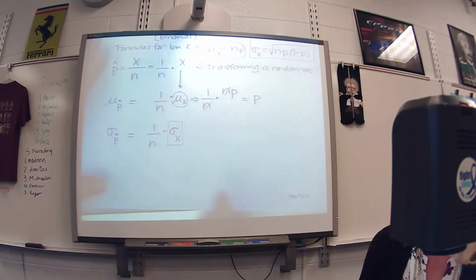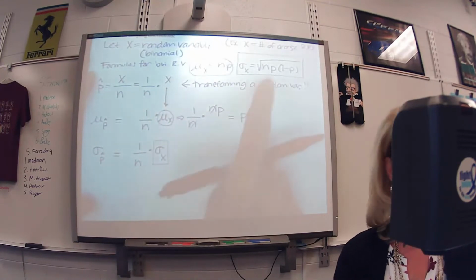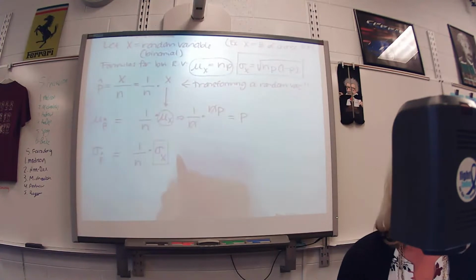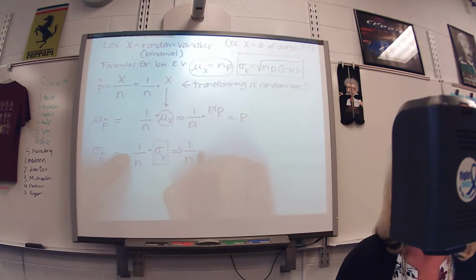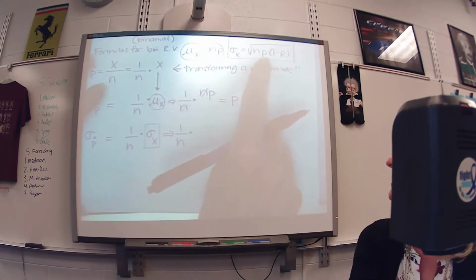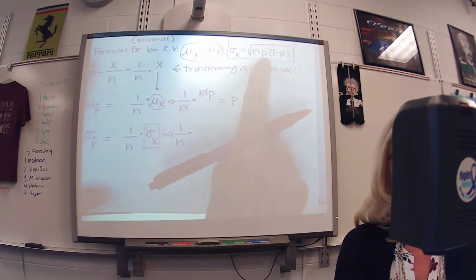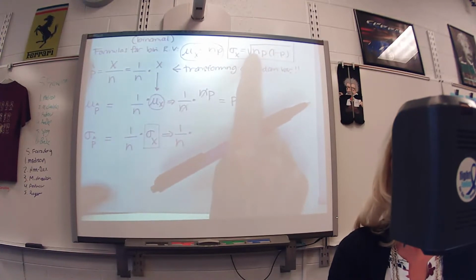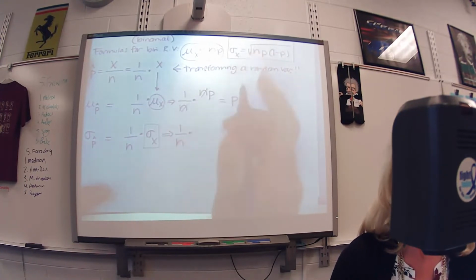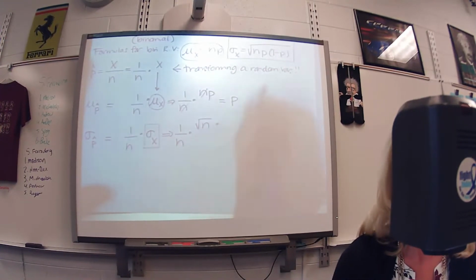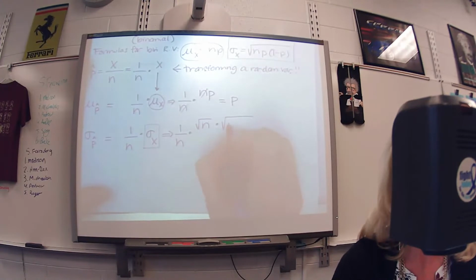I'm using ovals and circles and rectangles to make sure you remember which ones I'm substituting where. So when I substitute this, I'm going to have the 1 over n, multiplied by, and I'm going to do a little bit of fancy stuff here. I'm going to separate each one of these, or at least pull this out. I'm going to take the n and give it its own square root, and then leave the other terms underneath the square root.